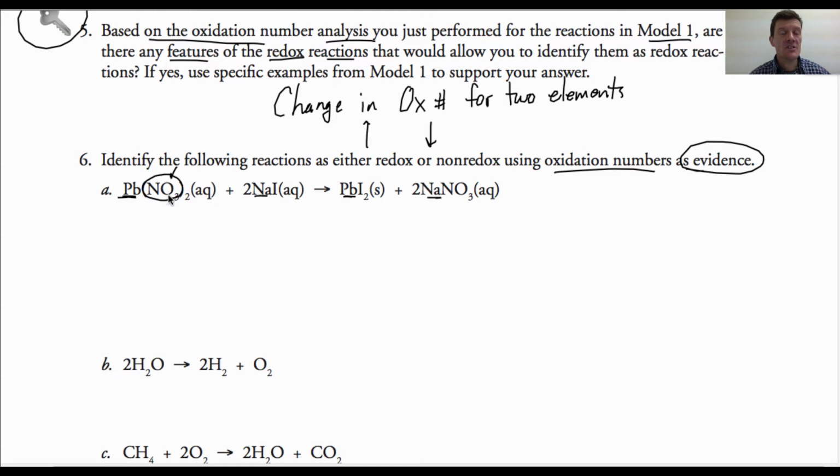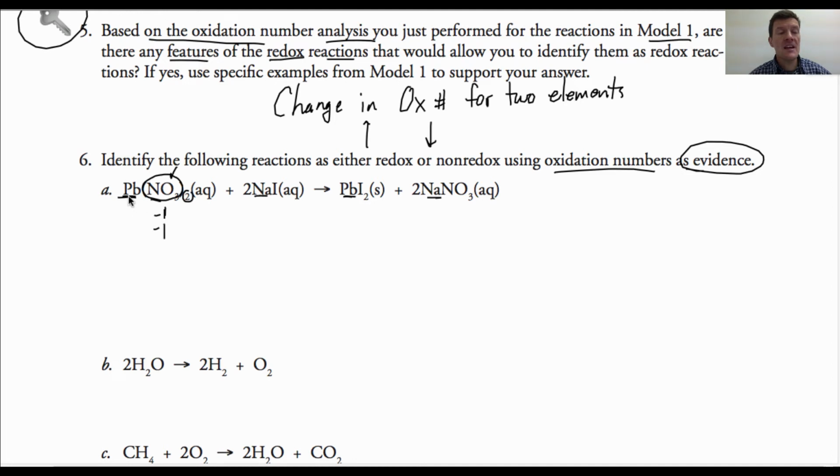The nitrate ion charge for that polyatomic ion, maybe you want to look back at a list of common polyatomic ions, is a -1, and you've got two of them. So each nitrate is a -1, and there are two of them. Now this is for the whole group, not for the individual nitrogen or the oxygen. I'm going to deal with those in a second. Each nitrate is a -1.